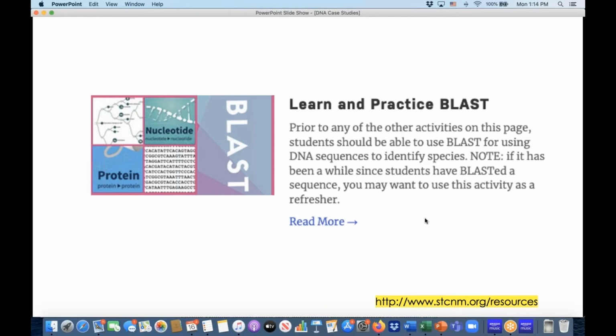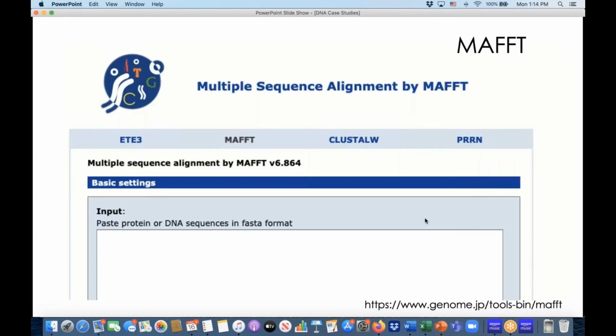So that's BLAST. Another tool we use is abbreviated MAFFT, and this is a multiple sequence alignment tool. So basically you can put in a whole bunch of sequences, and then it will align them behind the scenes, and then it will generate a phylogenetic tree, so a tree of relationships based on the similarities and differences of those sequences.